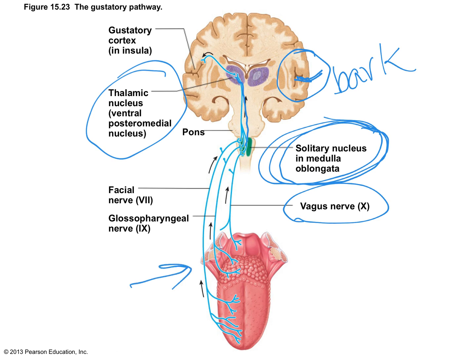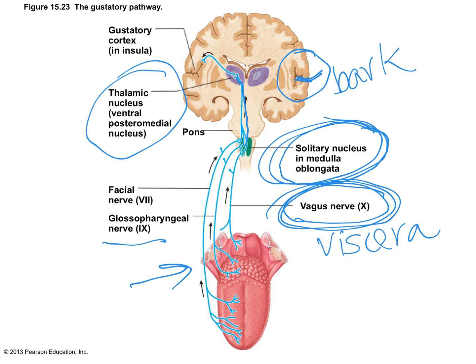Innervation, cranial nerve-wise, we have a few. We've got our vagus nerve, which is going to innervate the further back areas like the epiglottis, because the vagus nerve is associated with the viscera and the more hollow organs of the body. We also, though, have the glossopharyngeal nerve, which is named for what it is.